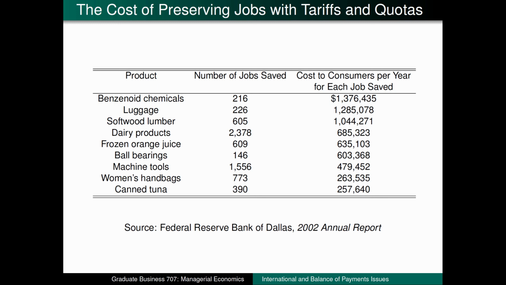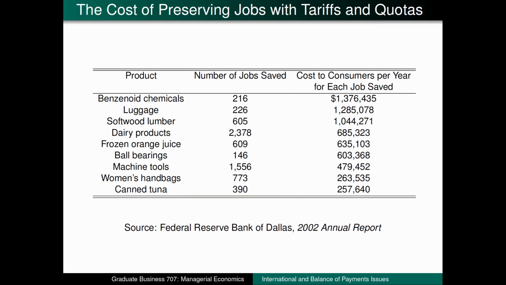In order to answer this important question as objectively as possible, I turn to a report by the Federal Reserve Bank of Dallas, which we learned in the Monetary Policy chapter is one of the 12 districts within the Fed. They empirically calculated the loss to consumer surplus that we illustrated in our graph for tariffs and quotas, as well as determined the number of jobs saved by these policies in a variety of product markets reported in this table.